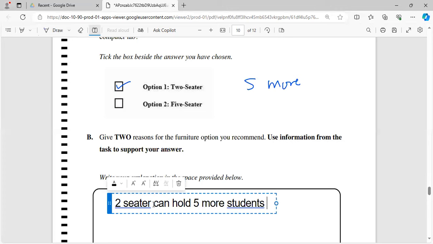Two, I hope you guys worked out the figure. I didn't work it out exactly, but it's about $900 cheaper than the 5-seater. So those are the two reasons.